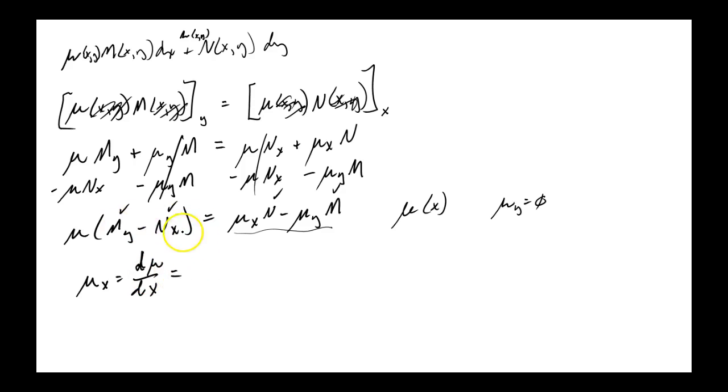Is equal to, this is now 0, because mu sub y is equal to mu times m sub y minus n sub x divided by n.